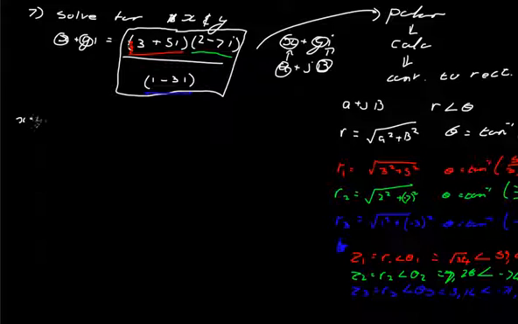Okay, so now we can write out this original equation. x plus yi is equal to z1 times z2 over z3. So root 34, let me do that in color for you.